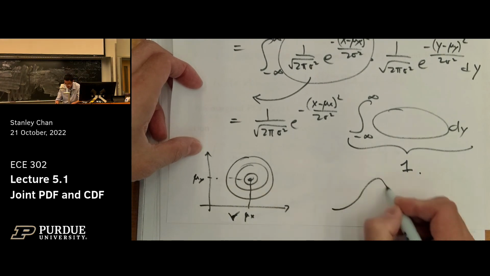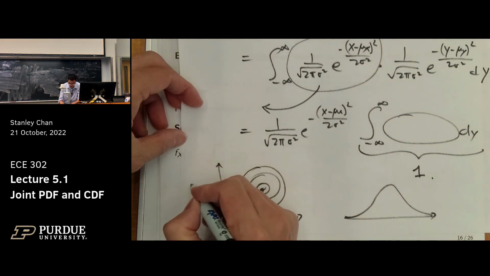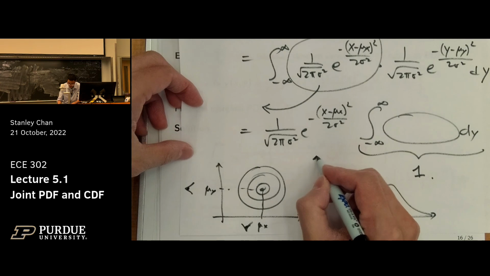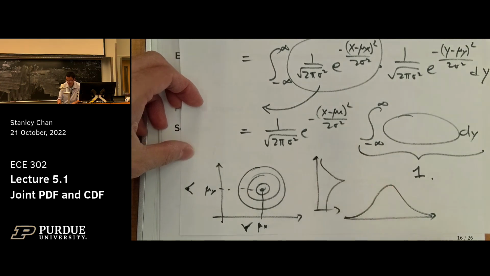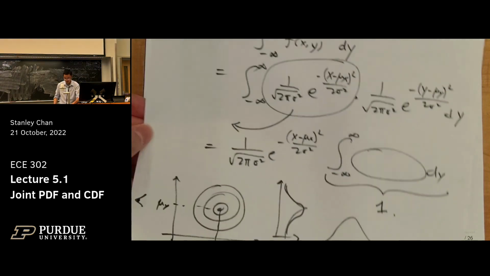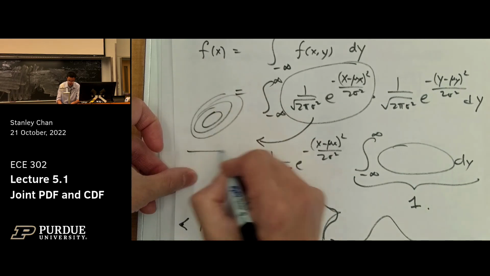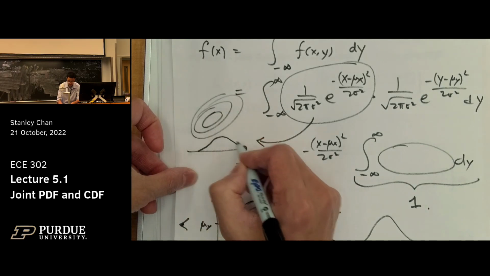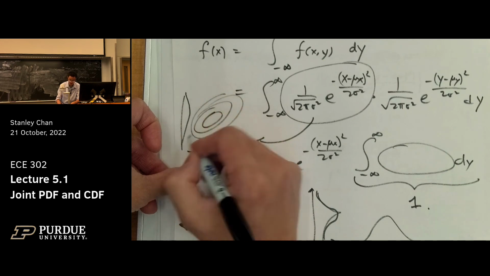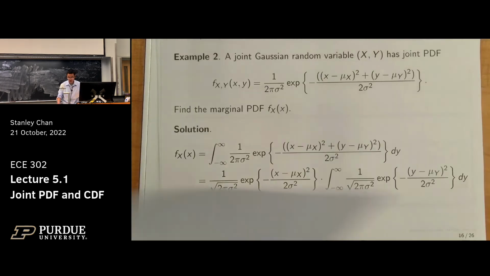Then of course it has to be the bell shape function. If you put an eye here, then it will be another bell shape function. Now, of course, for a Gaussian, you can have an ellipse like this. And then in this case, you will have a Gaussian like this, and another Gaussian like that. So for any high-dimensional Gaussian, when you take the marginal, it will still be a Gaussian. That's the beauty of the Gaussian distribution.